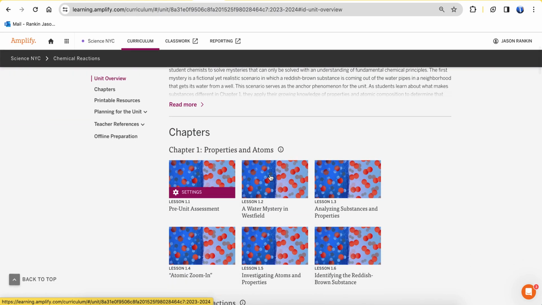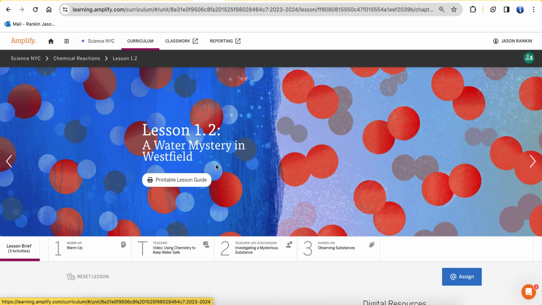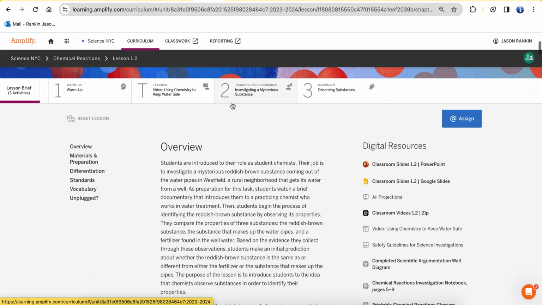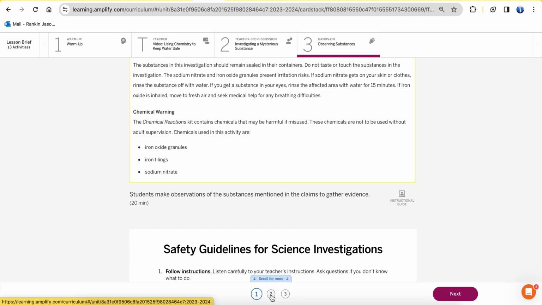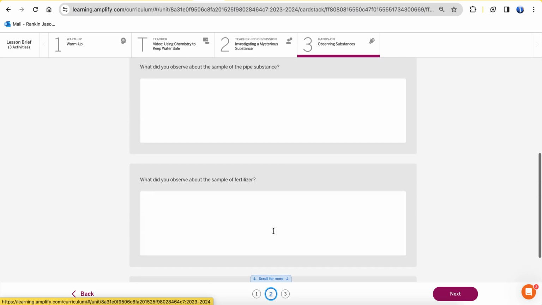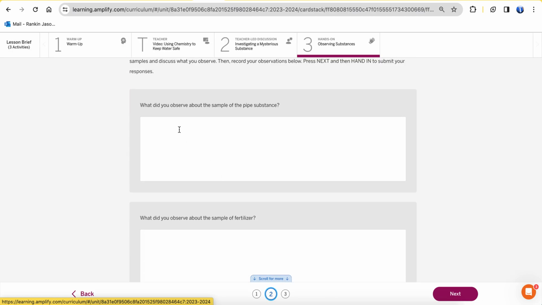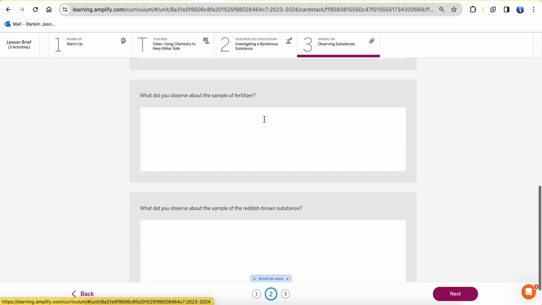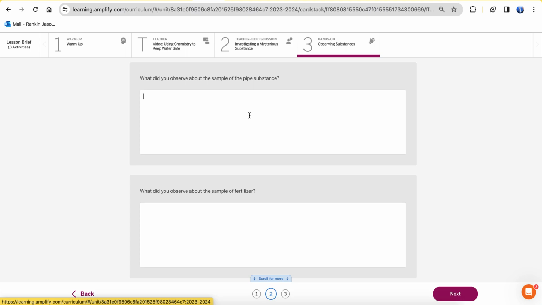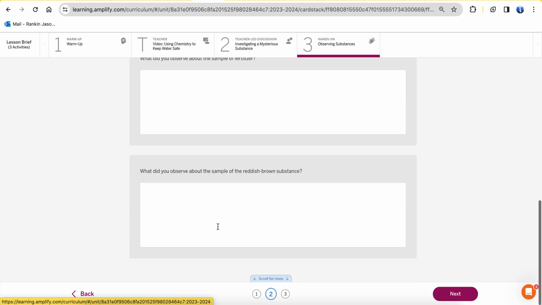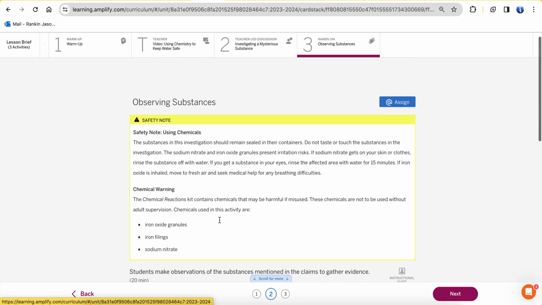It says a water mystery in Westfield. All right, this was activity 3, hands-on observing substances. And this might have been under page number 2. What did you observe about the sample of the pipe substance? What did you observe about the fertilizer? And what did you observe about the reddish-brown substance? So, right, it was your job in lesson 1.2 to make your observations.